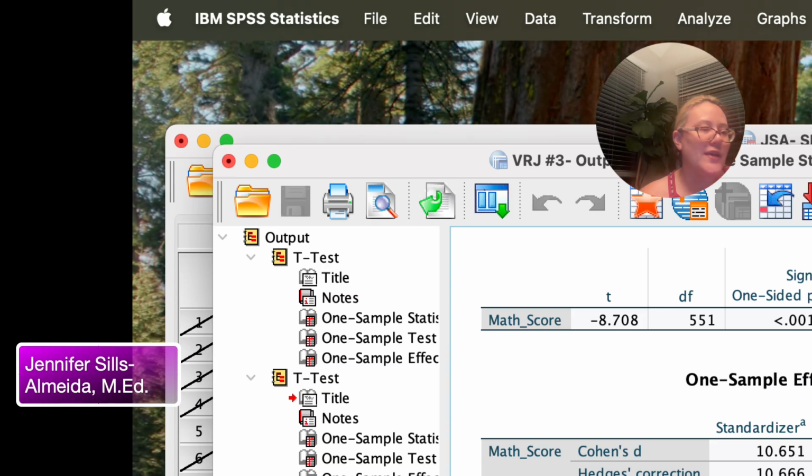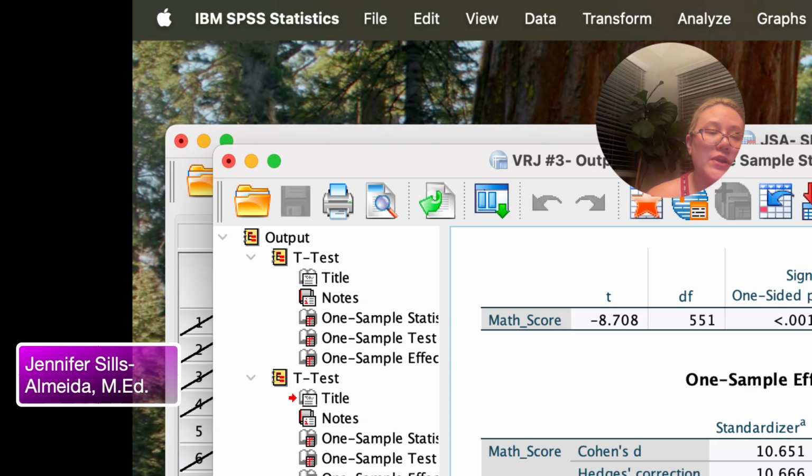Now, when we're looking at these things, what we will want to do first of all is look at the one sample statistics. If we go over here to one sample statistics, we have different boxes. We have this box, then we have another one sample test box, and then we have one sample effect sizes.